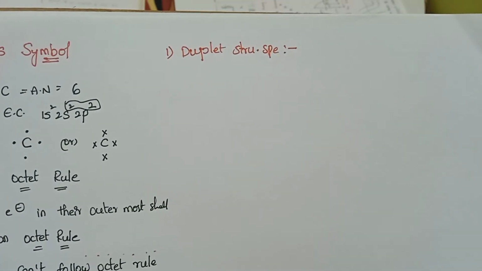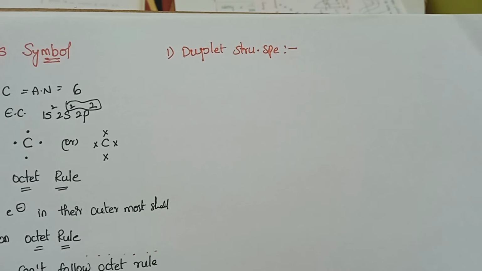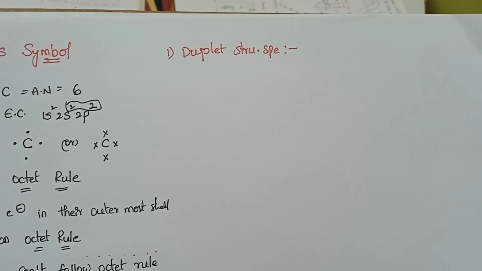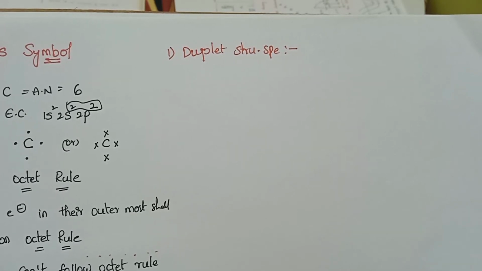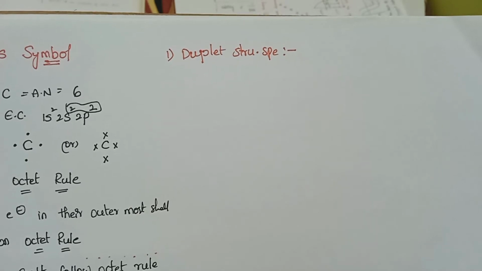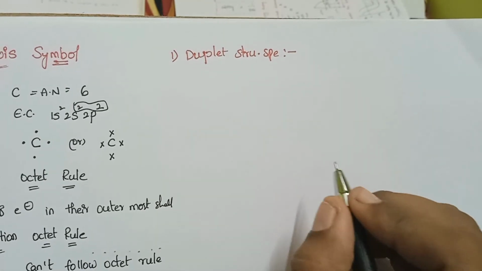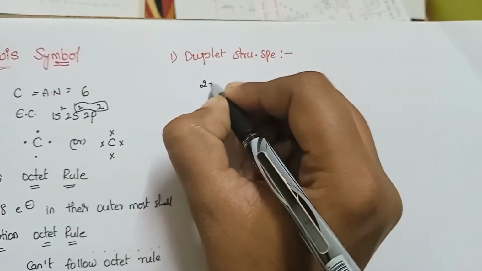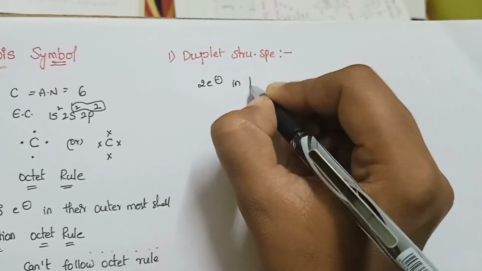Species which contain two electrons in their outermost shell are known as duplet structure species.